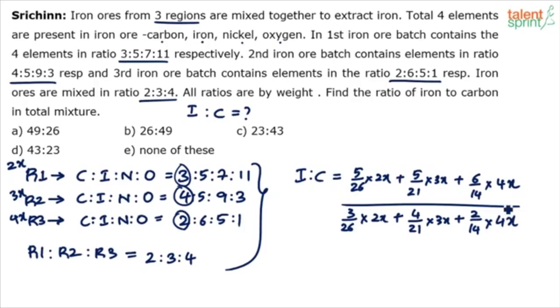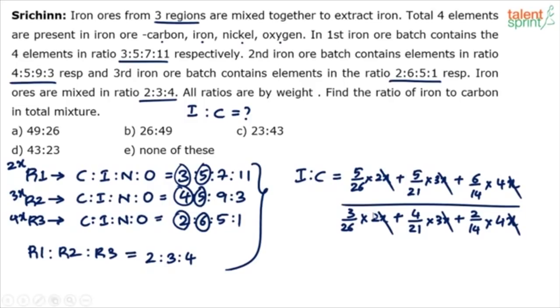For iron, we take 5, 5 and 6 parts out of totals 26, 21 and 14; for carbon, 3, 4 and 2 parts. x is common in numerator and denominator, so it cancels. Just play with these numbers and get the answer. It is a little calculation intensive, but there's no other way out.